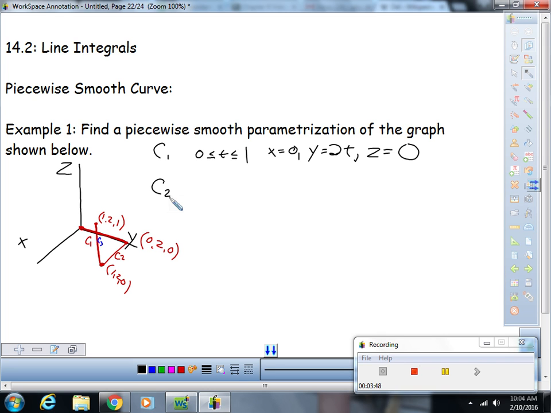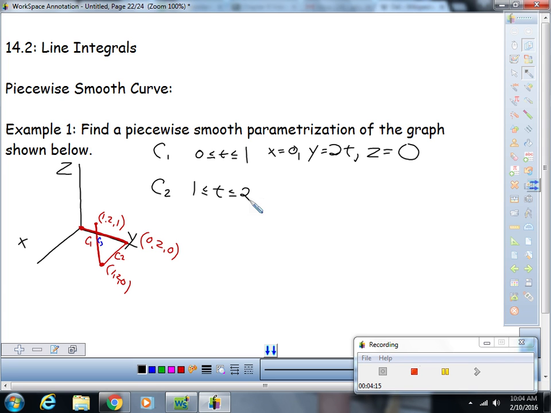All right, so for C2, well, what's convenient is just since now what's changing is the x, and the x is going from 0 to 1, it would be convenient to let this also be a 1 second t. I just call it second because I always feel like t is a time parameter, okay?